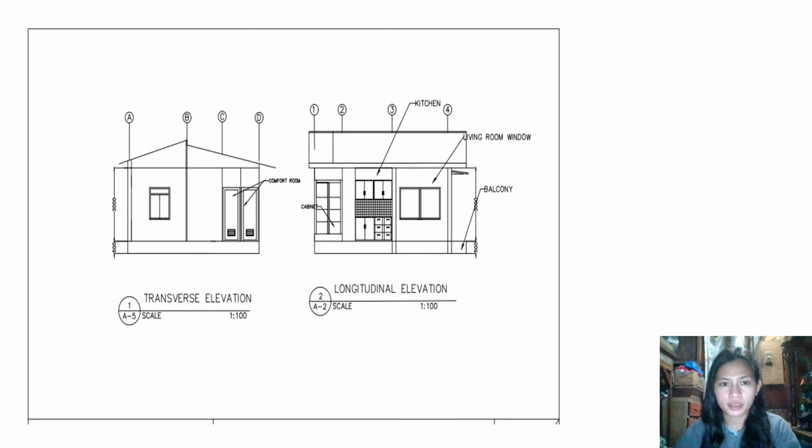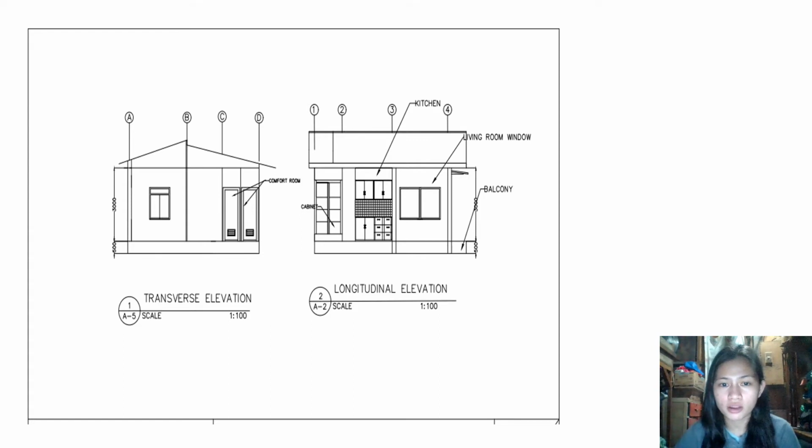So, ayun. And we also have the transverse elevation and the longitudinal elevation. Ito yung within or inside sa ating floor plan, which means that the transverse elevation is the cut section along the x-axis and the longitudinal elevation is the cut section along our y-axis. As you can see, sa transverse elevation makikita mo yung window ng bedroom and the doors of the comfort rooms.